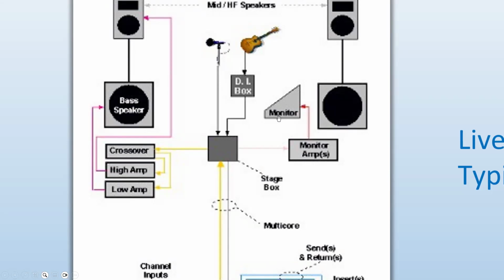And the purpose of that is so whoever is performing has some sort of reference of what actually is going on, what that person is playing, what other people are playing. So there could be different stage monitor mixes or groups of channels being sent to a specific monitor. For example, the vocalist might want to hear some of the guitar.